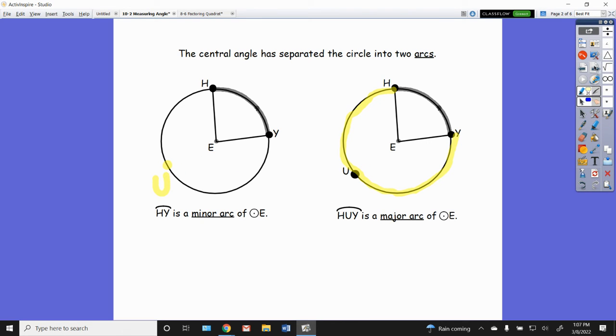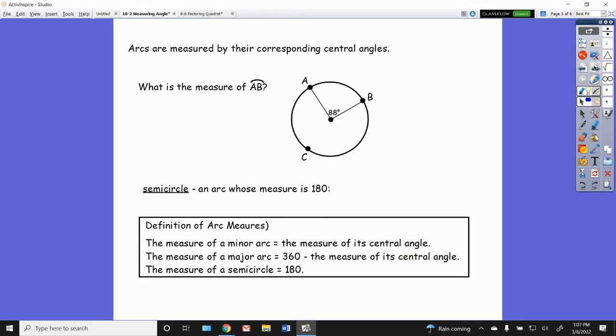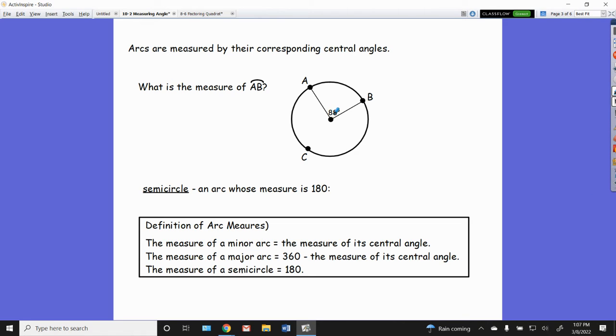Now, guys, your arc measures are going to be equal to the corresponding central angles. So, for instance, this is a central angle, and it's 88 degrees, which means the measure of AB is 88. Now, please listen, because there are differences when I'm talking about arcs. I can talk about arc length, which has no degrees in the answer.